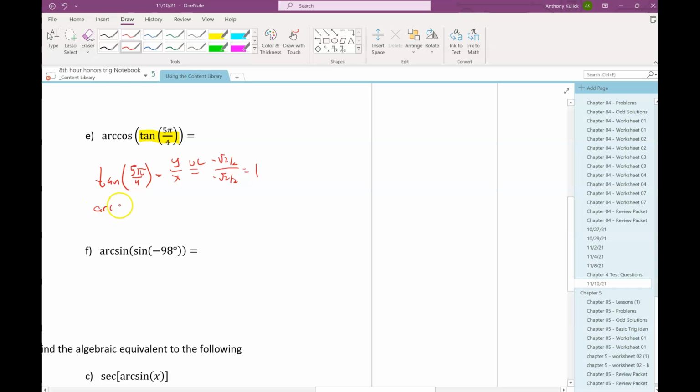So that means what we're really doing is arc cosine of 1 then. So I remember that the range for arc cosine is between 0 and pi. So I'm going to go back to the unit circle and look for where cosine theta gives me 1 between 0 and pi.